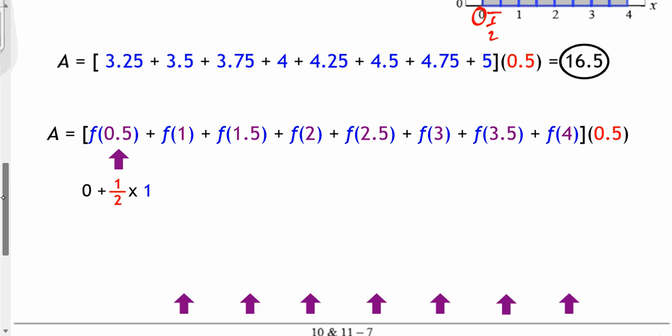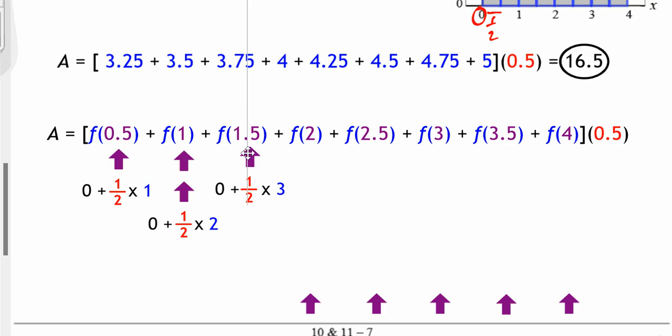Yep. Exactly. So my left end, and I'm adding the width 2 times. And then my next one, start at the left end, add the width 3 times. Good. Next one, left end, add the width 4 times. And so on.